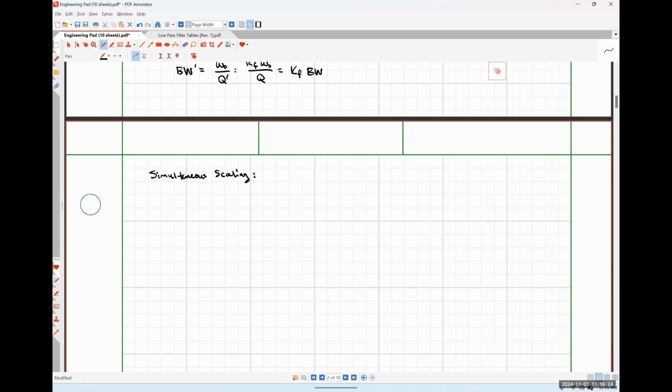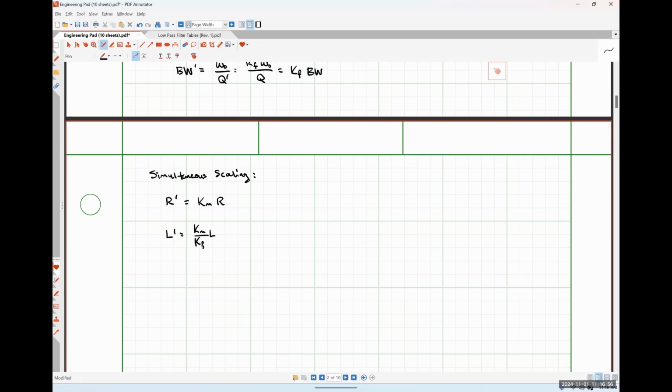So our scaled version of our resistance is literally just going to be K_m times R. Our scaled version of our inductance, we're just going to combine those effects, right? So our magnitude scaling gave us a factor of K_m times L. Our frequency scaling gave us L over K_F.